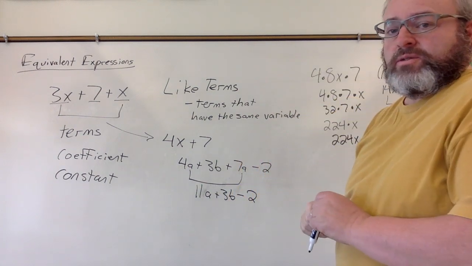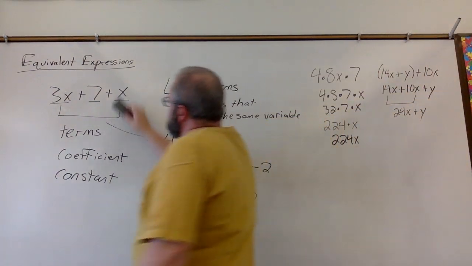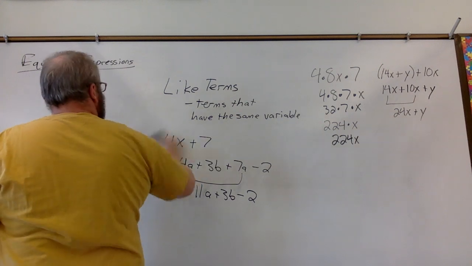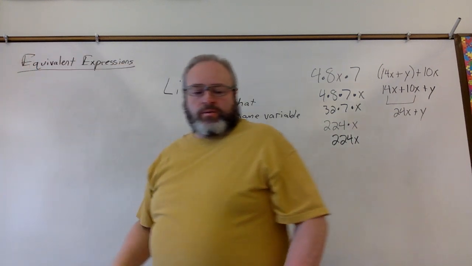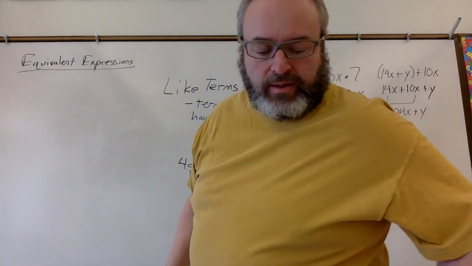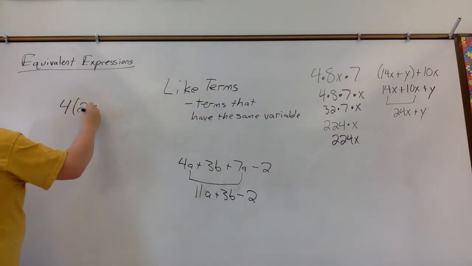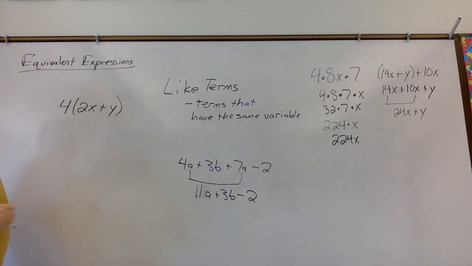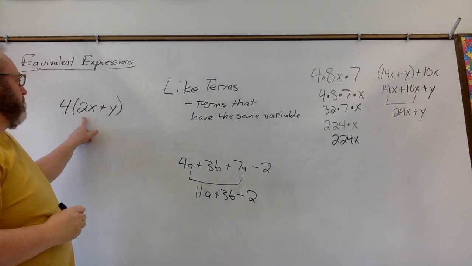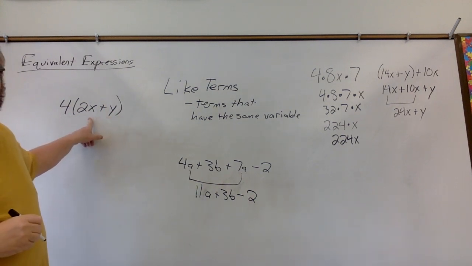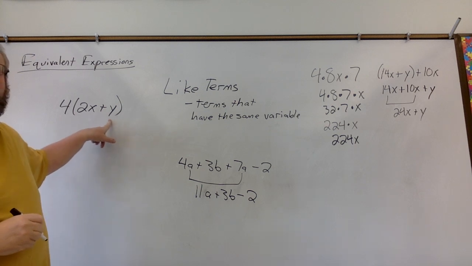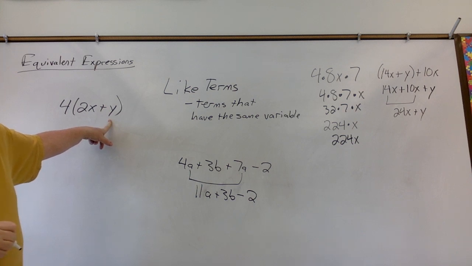Okay, we can also use the distributive property with these problems. So let's say we had 4 times 2x plus y. Now, again, normally we do what's in the parentheses first, but we can't because there's an x and there's a y. They have unlike terms. So I'm going to use the distributive property to do this out.